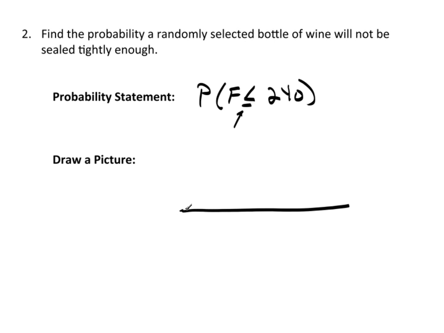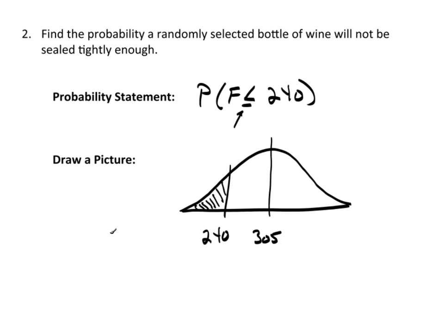Whenever possible, always, always, always draw pictures. The mean was 305. 240 is somewhere down here. Again, it doesn't matter if I accurately place it or not. It's just below 305. It's just a diagram to help me. Less than 240 is going to be this. So I know my lower bound is going to be negative infinity, and my upper bound will be 240.